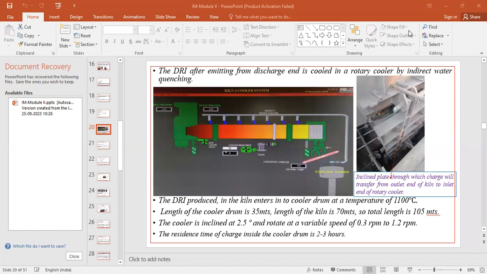So for that, we transfer this hot DRI from the kiln to the cooler part, that is the rotary system, where the indirect cooling will take place by supplying a water jet onto the surface of the kiln.